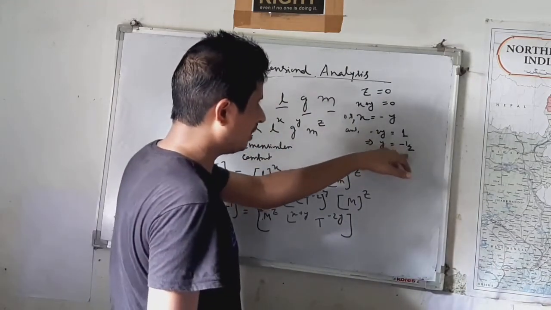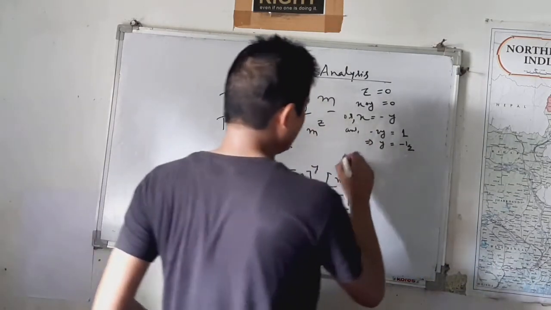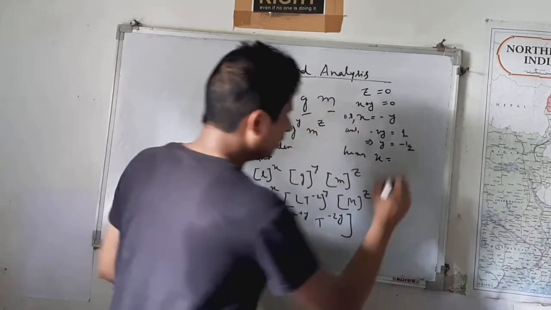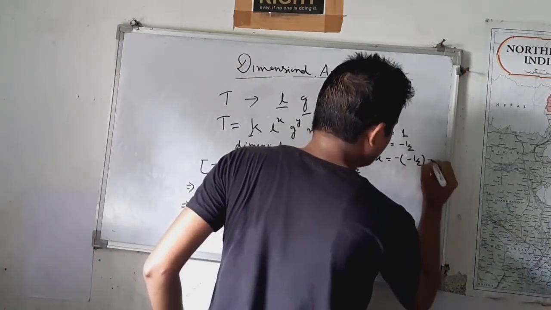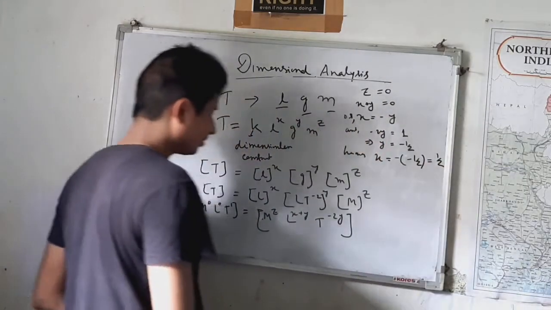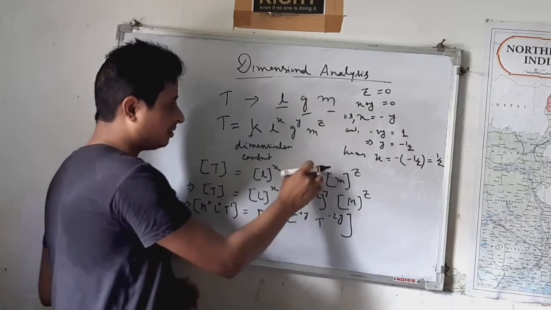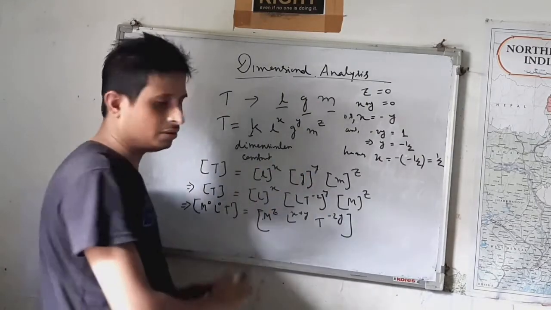Since y equal to minus half, hence x equal to minus of minus half, that is plus half. So we get the values of x, y and z by comparing these two sides.